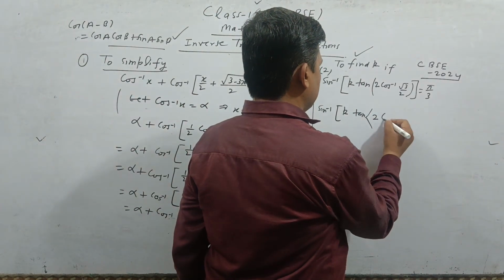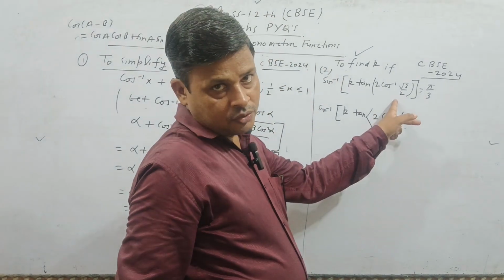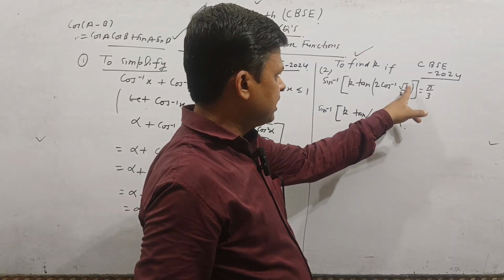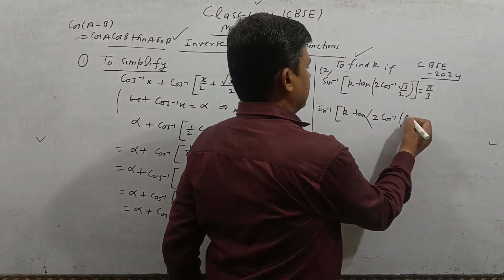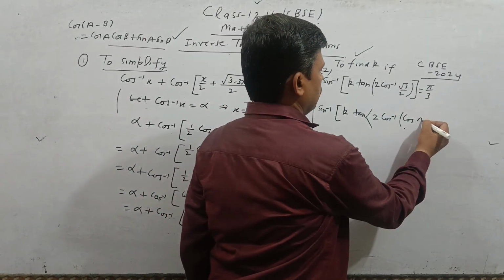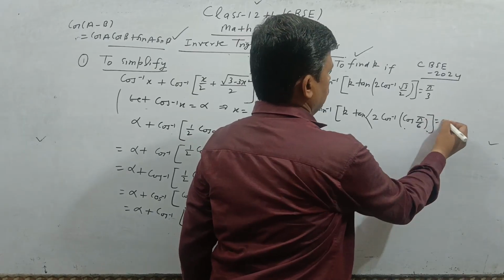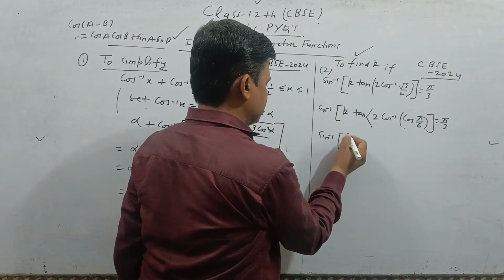We can write it 2 cos inverse. In terms of cos, what is root 3 by 2? Because here is cos inverse, so we have to change this root 3 by 2 in terms of cos. So it will be cos pi by 6. Now sine inverse, what is k?